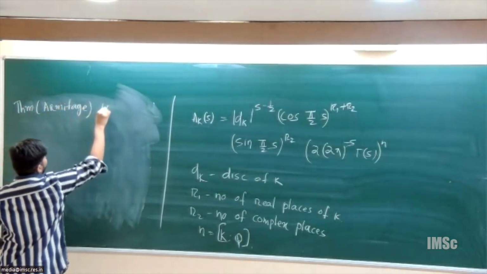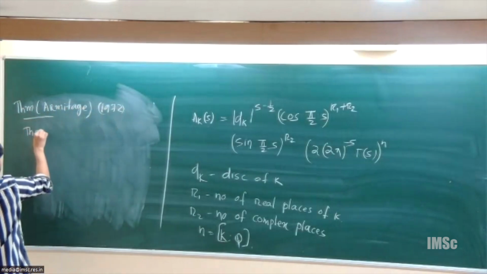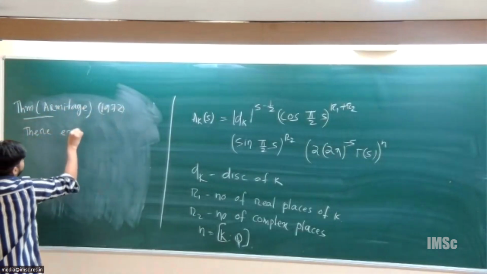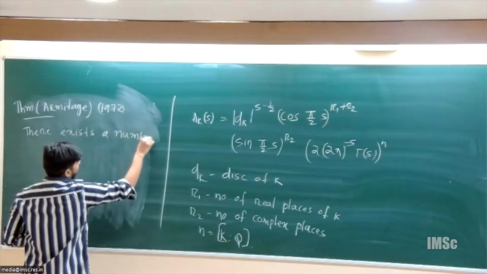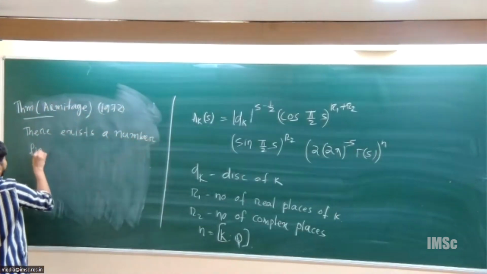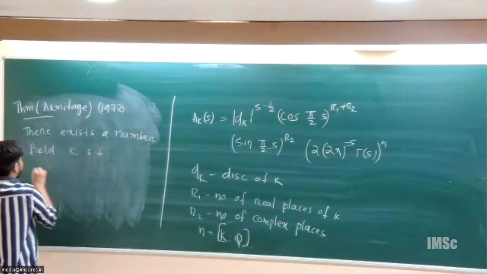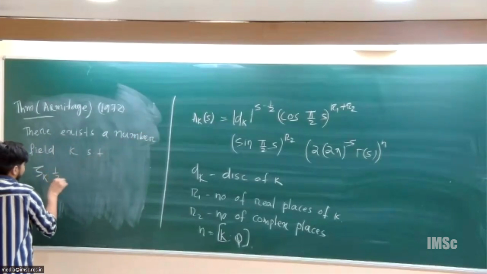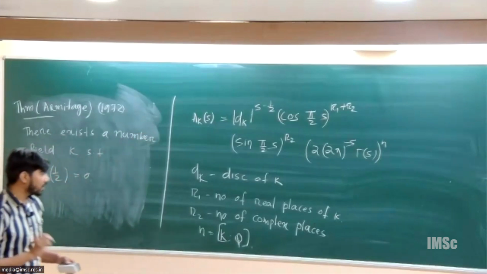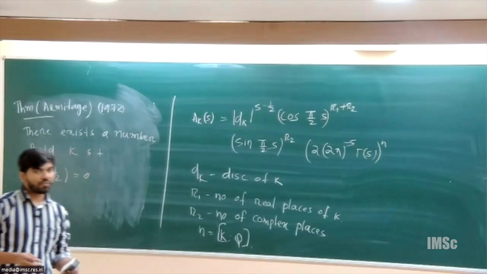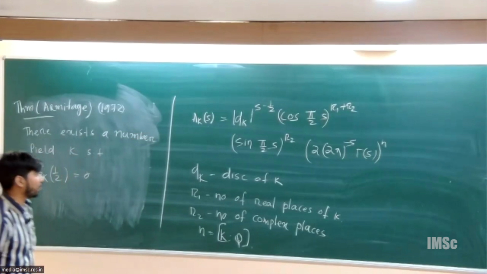In 1972, he showed that there exists a number field K such that zeta_K of half is 0. So we know that there exists a number field K such that zeta_K of half is 0. So do we know something about the order of zeta_K at half?